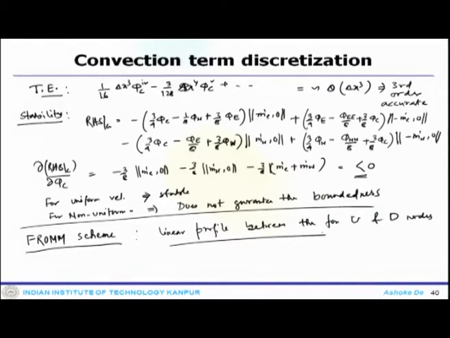So, how would that look like? If one has to put the stencil, again this is our C, this is the face, this is downstream, and this is upstream UU, across these cell faces, assuming velocity in this direction.